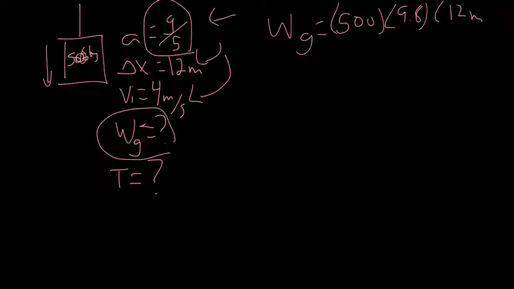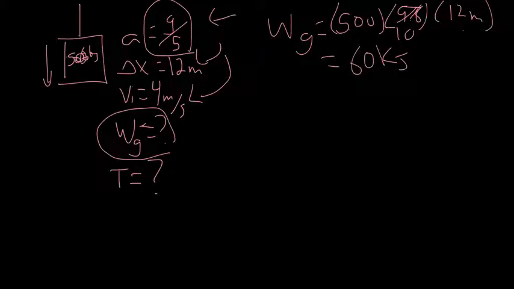Okay, and then since this and this are in the same direction, it's positive. Okay, and let's actually, instead of use 9.8, let's use 10. So this is going to give us 5,000 times 12 is going to be 60 kilojoules of work done by gravity on this elevator.